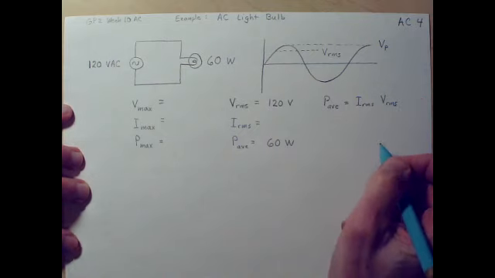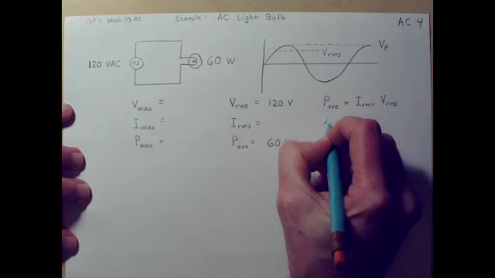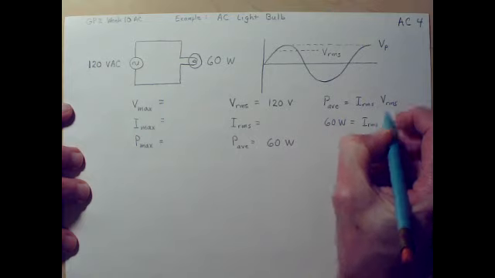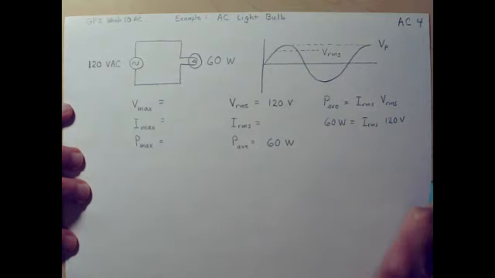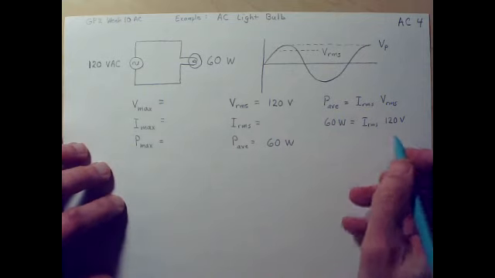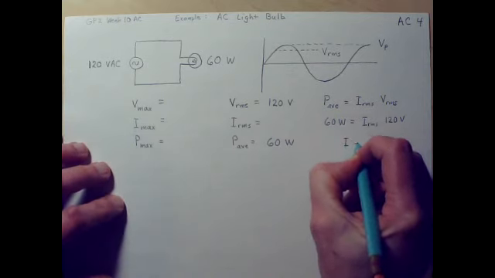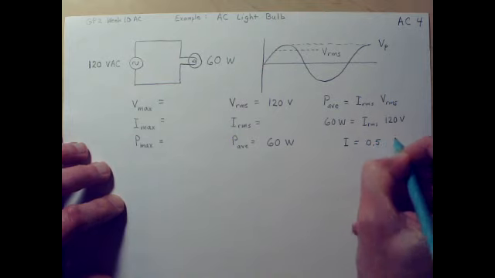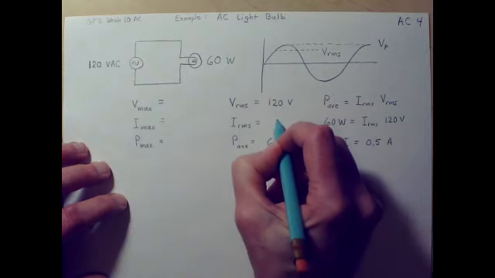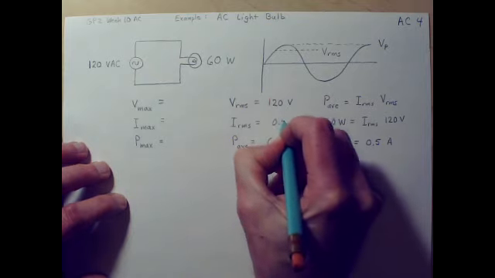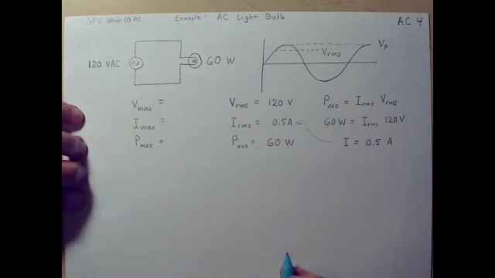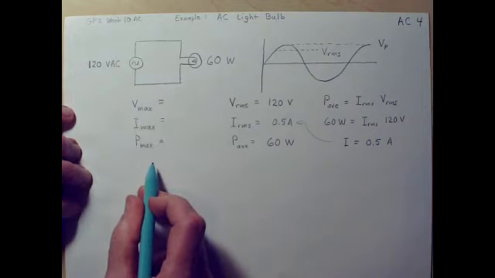So if we put that in, we would have 60 watts equals IRMS times 120 volts. And I think you can figure out what IRMS must be. It surely is 0.5 amps, that would be. So now we've got an answer to one of these, and that is this: IRMS is 0.5 amps.